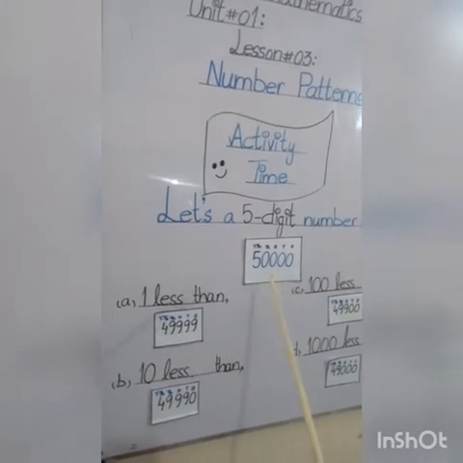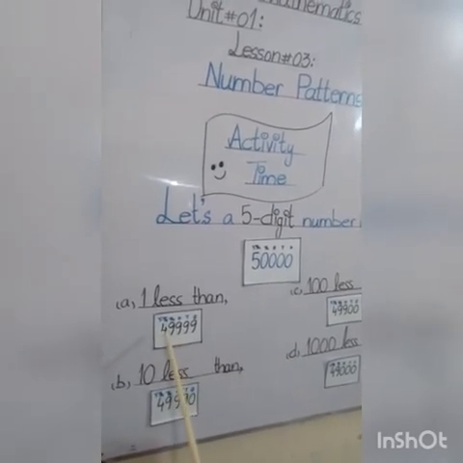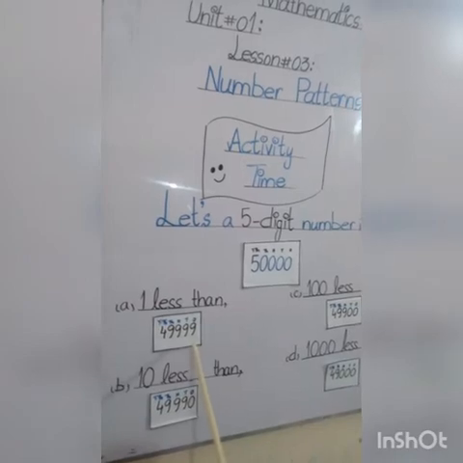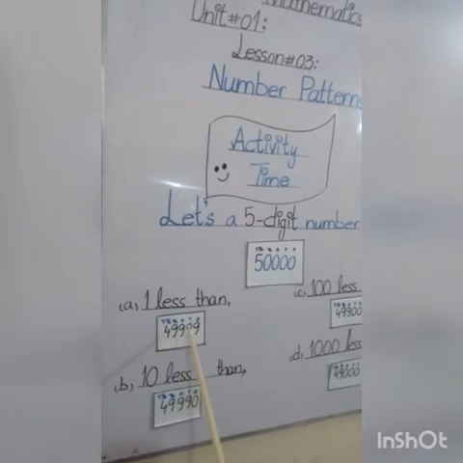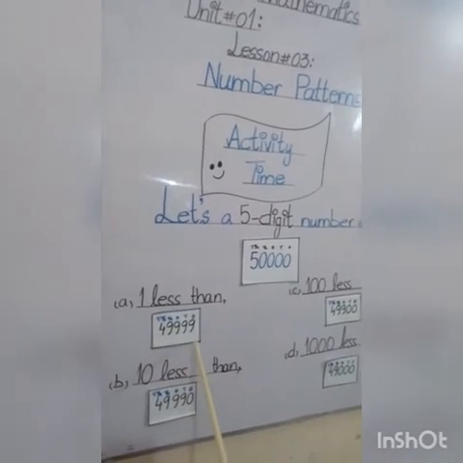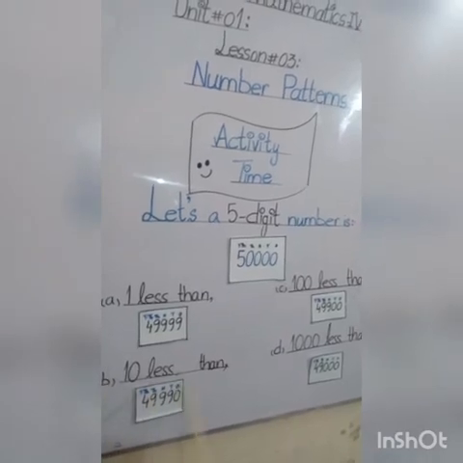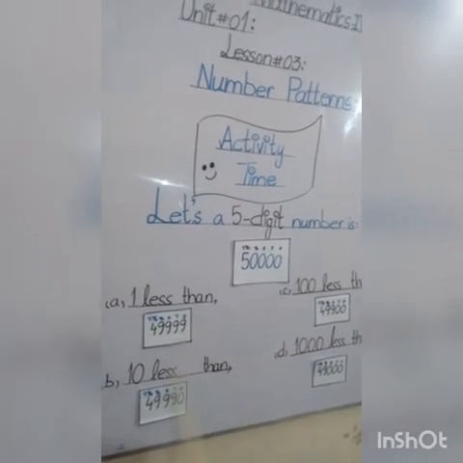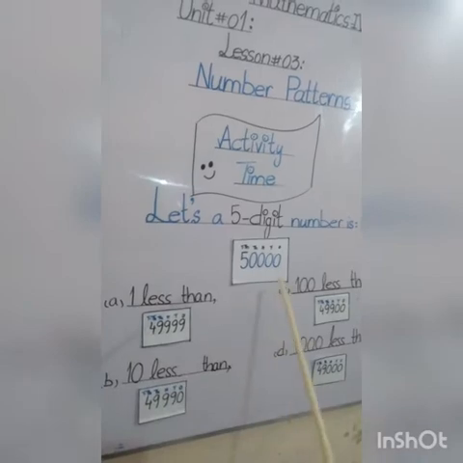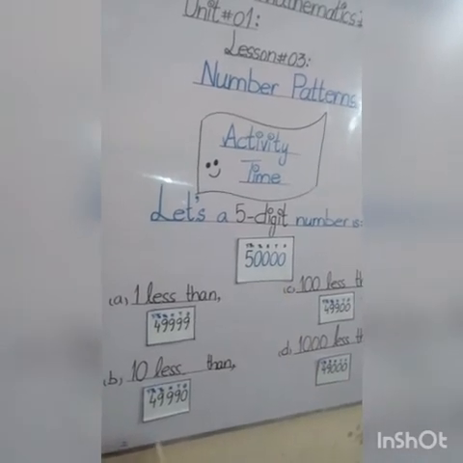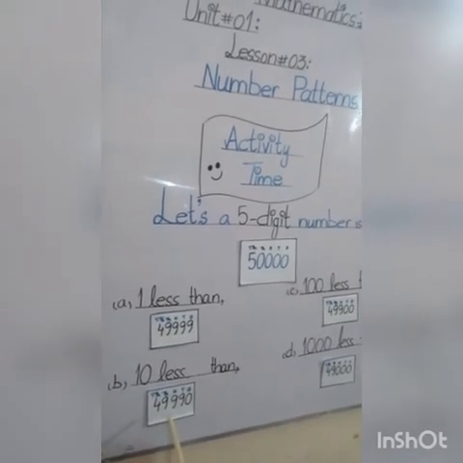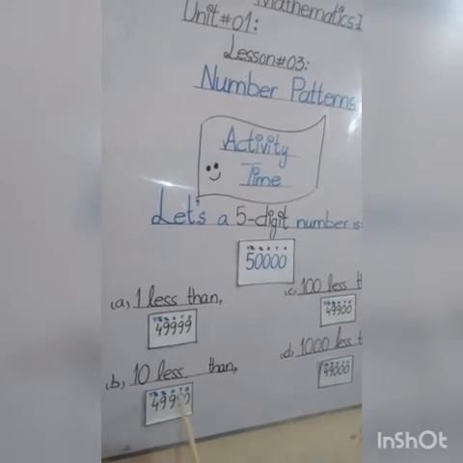And now 50,000 will become 49,999. And now B, 10 less than 50,000. We have to subtract 10 from 50,000. And now 50,000 will become 49,990.